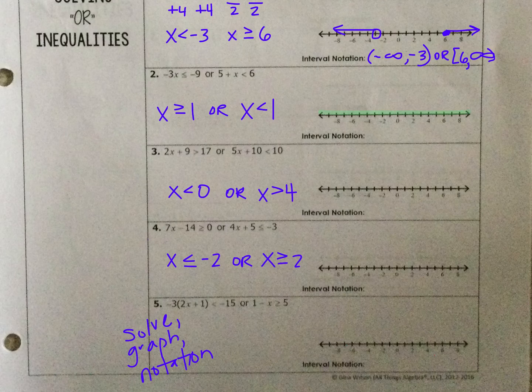I need you to graph it and write the interval notation. Number 3, graph, write the interval notation. Number 4, graph it, write the interval notation. Number 5, you need to solve them first, then graph them, and then write the interval notation. When you're done with that, flip it over to the back side, and we just have a few more notes to take.